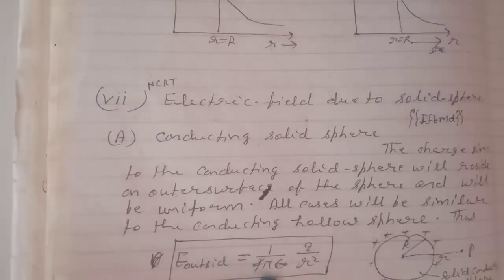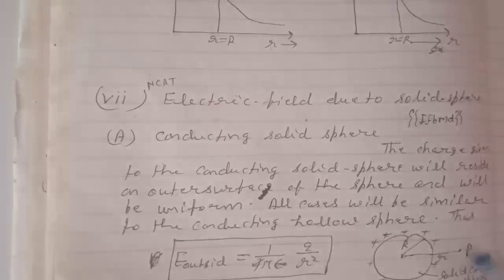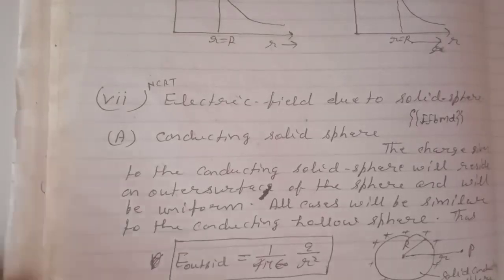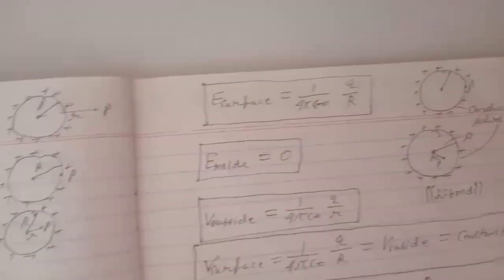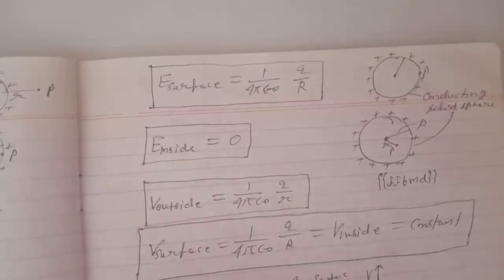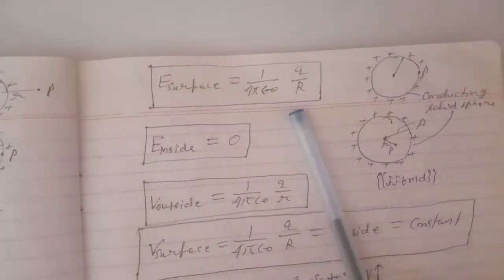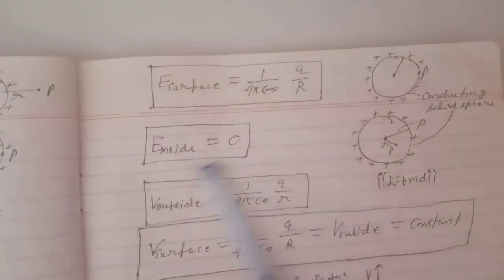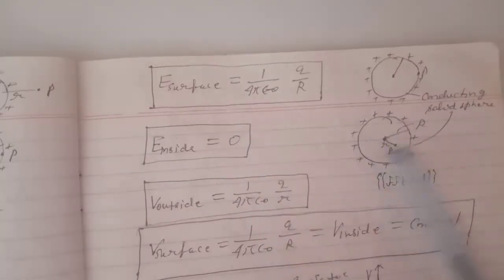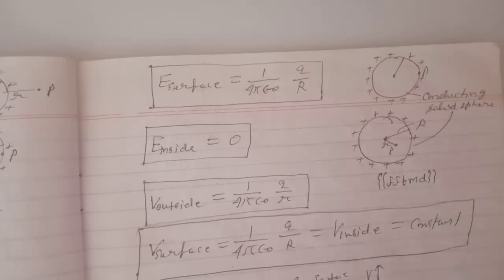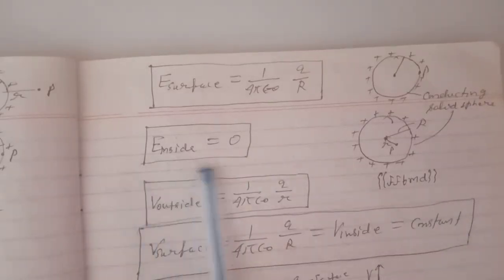Thus, E outside will be 1 by 4 pi epsilon naught q by r square for the solid conducting sphere, E surface will be 1 by 4 pi epsilon naught q by R square, and E inside will be 0 in the case of the conducting solid sphere, because all charge resides on the outer surface of the sphere. So the electric field inside will be 0. Using Gauss's law we can show this.